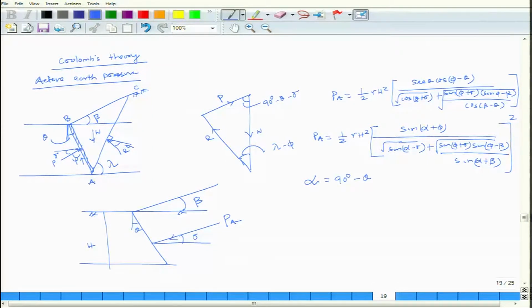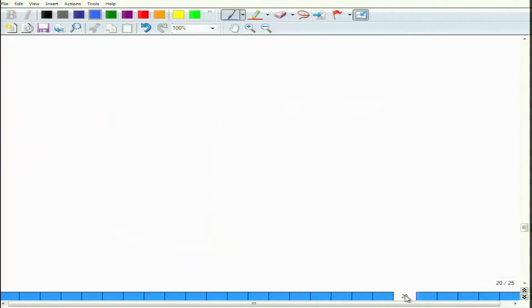Delta is what? Delta is the friction angle between the soil and the wall, and this is your height h. So, I am giving a typical value of your Ka for C equal to 0 soil, where theta is equal to beta is equal to 0.